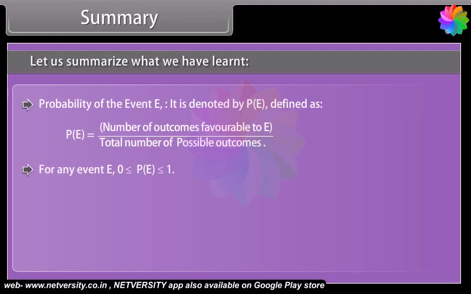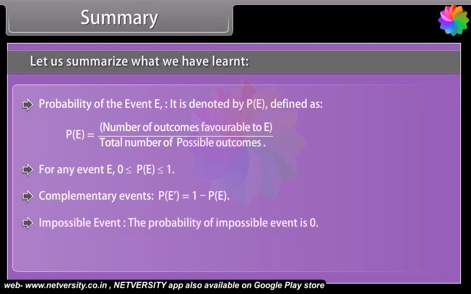For any event E, 0 is less than or equal to P(E) is less than or equal to 1. Complementary events: P(not E) is equal to 1 minus P(E). Impossible event: the probability of an impossible event is 0. Sure event: the probability of a sure event is 1.